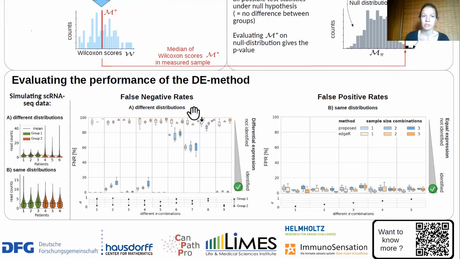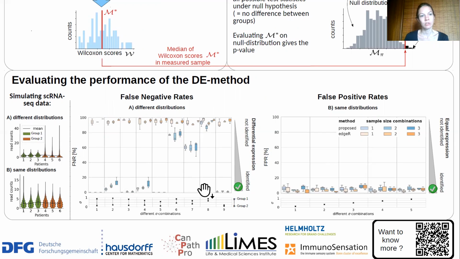Just shortly to the results, we compared it to edgeR, a pretty well-known differential expression analysis method, which considers the mean of the single-cell RNA sequencing data. And here we can see the false negative rates. Our method, which is the blue one, performs pretty well for most cases regarding the false negative rates.